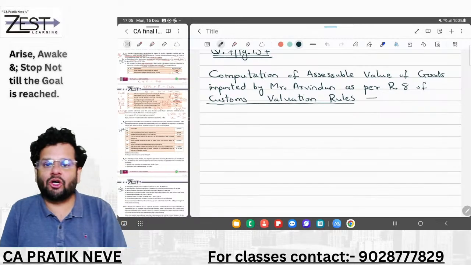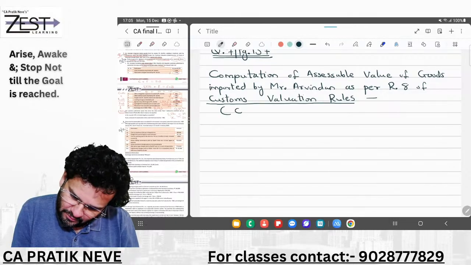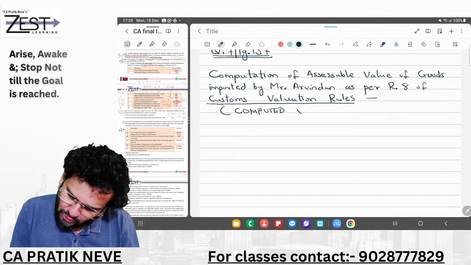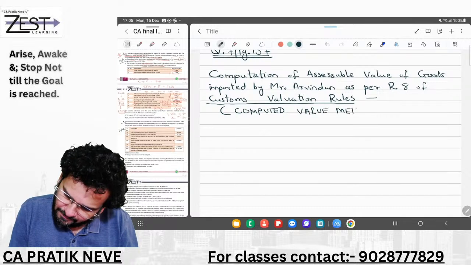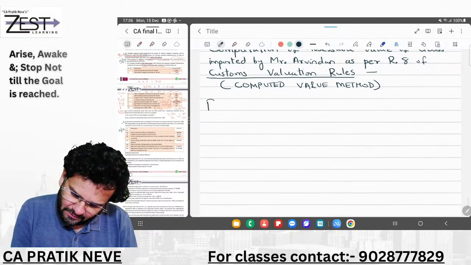As per Rule 8 of Customs Valuation Rules, that is the computed value method.